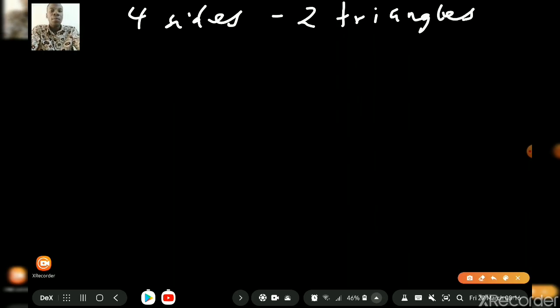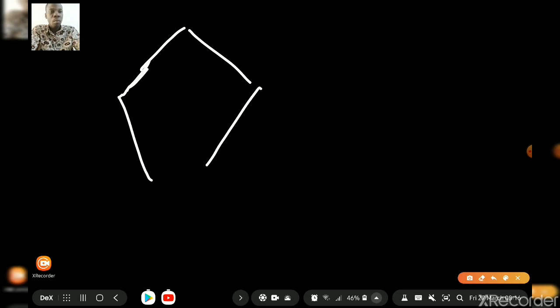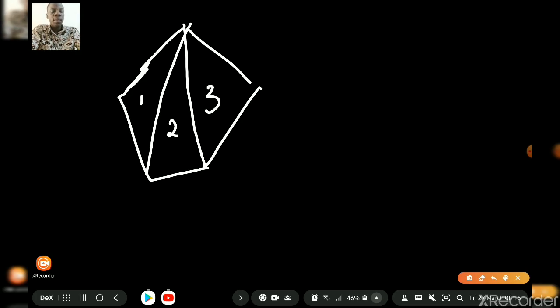How about a five-sided polygon, or a pentagon? Remember we are drawing lines from vertex to vertex without the lines crossing. So I can draw this and this, so that I have 1, 2, 3 triangles.